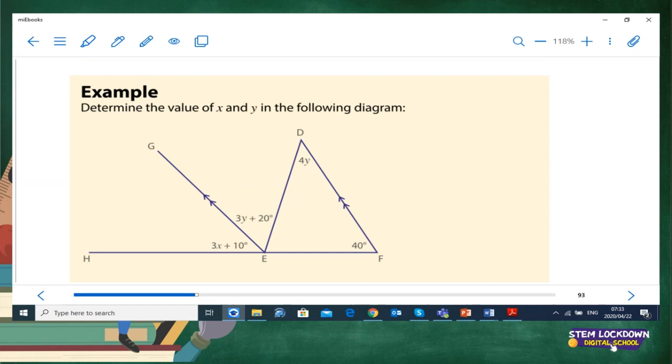So in order to find the value of X and Y, you can equate 3x plus 10 to 40, and thereafter you solve for X. And secondly, you will equate 3y plus 20 to 4y, because these two angles are equal. And once you have your equation, you can solve for y as demonstrated in the next slide.